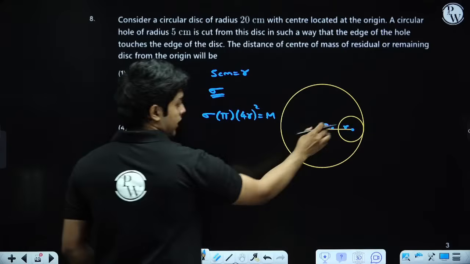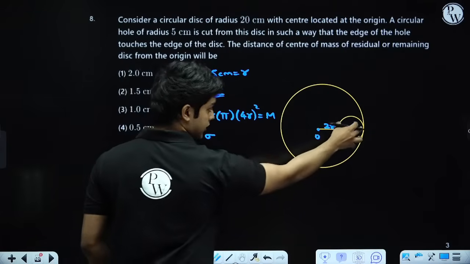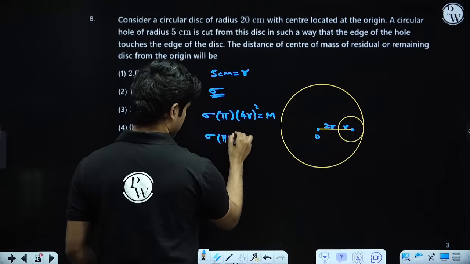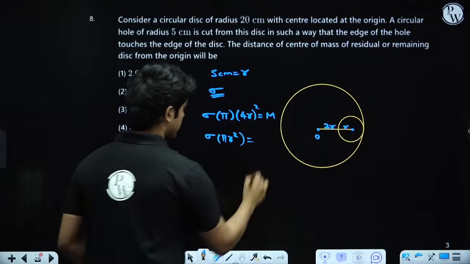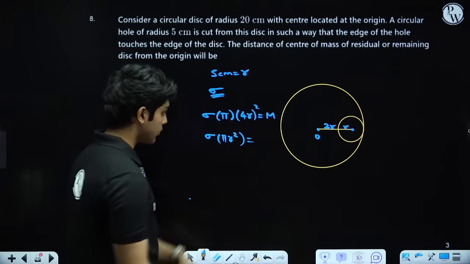Then what is the mass of the smaller disc? It will be sigma pi r squared, and since the larger one is 16 sigma pi r squared, this would be m by 16.